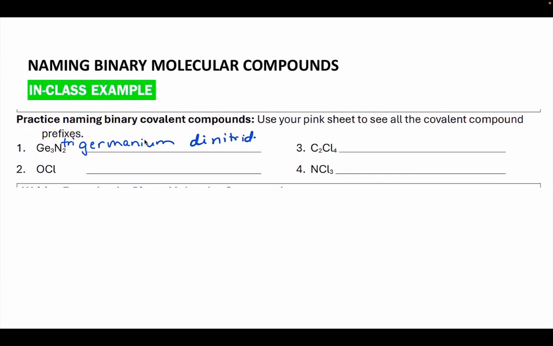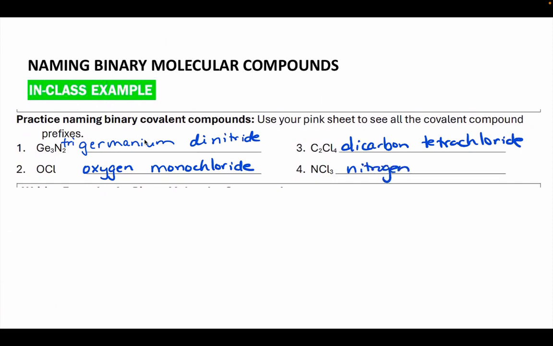The second one is going to be oxygen, no mono, monochloride. The third one's going to be dicarbon tetrachloride. And this one's going to be nitrogen trichloride.